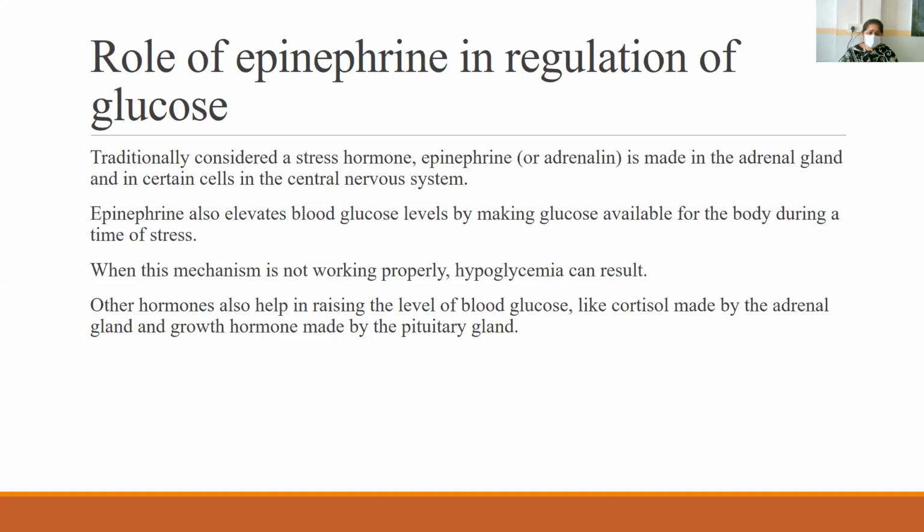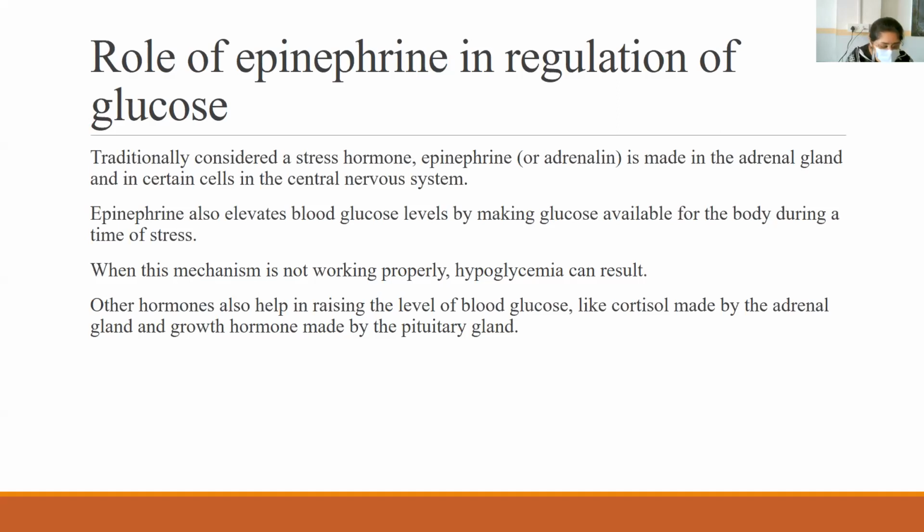So if you're continuously stressed out, what happens? This epinephrine has a negative role to play, unlike insulin. Insulin brings down glucose, while glucagon, epinephrine, growth hormone, and corticosteroid hormones have a negative effect on insulin, which means they bring up the glucose.